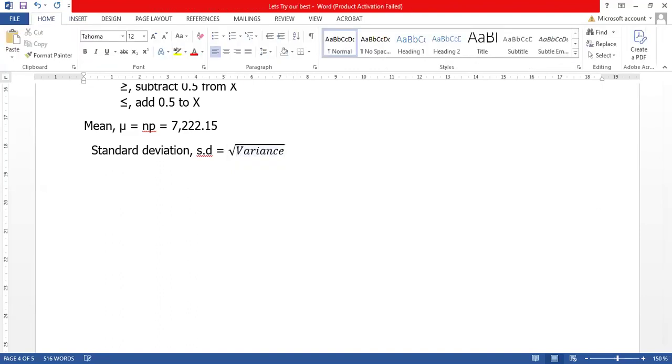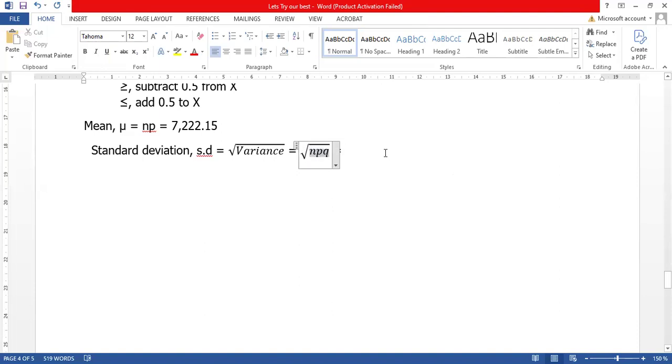However, variance is equal to what? NPQ. Variance is equal to NPQ. So you're taking the square root of NPQ.